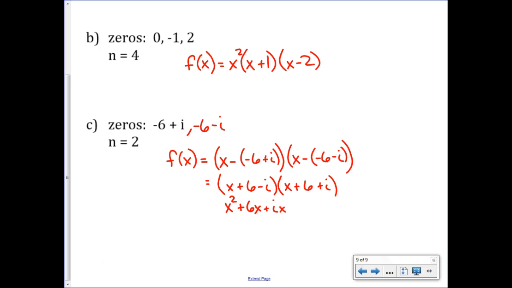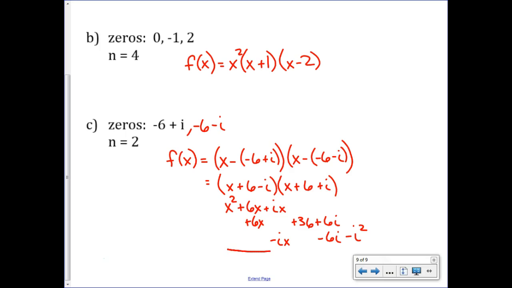Then I have 6 times x is 6x, 6 times 6 is 36, and then I have 6 times positive i is 6i. Then I have negative i times x, so minus ix. I have negative i times 6, so I have minus 6i. And then I have negative i times positive i, which is minus i squared.